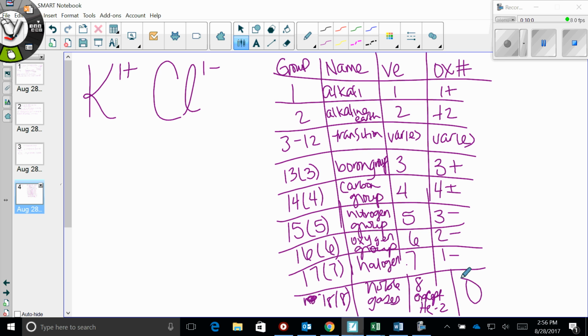Remember that table? It's on the back of your periodic table, or it should be.